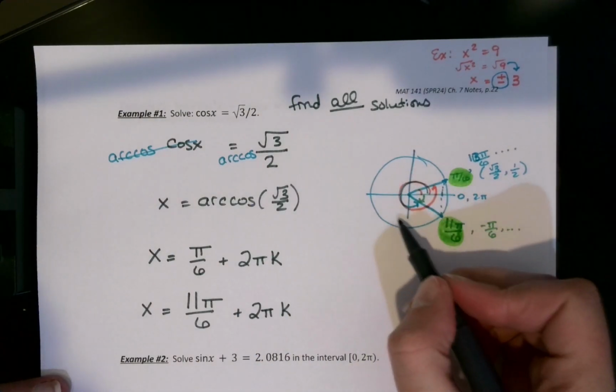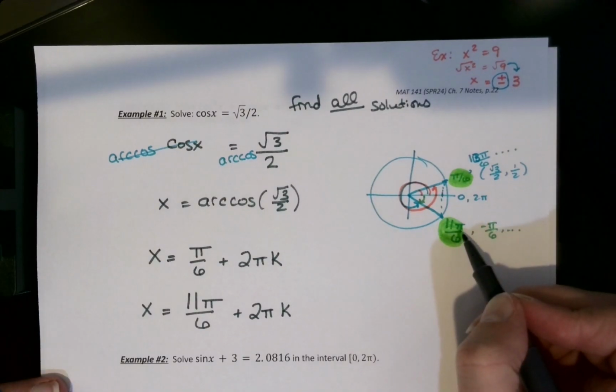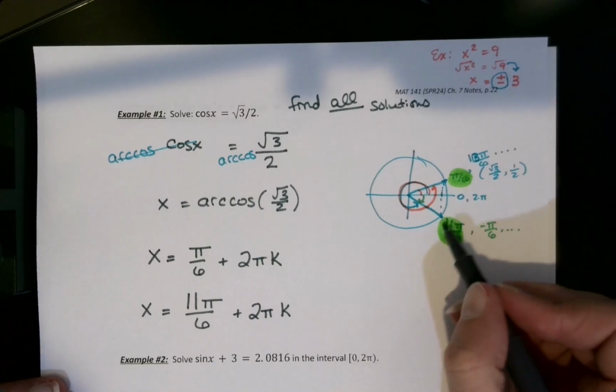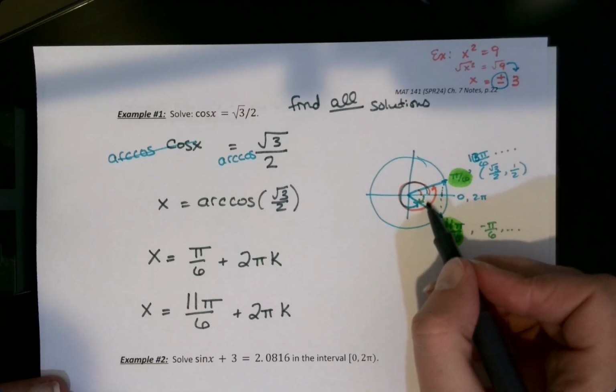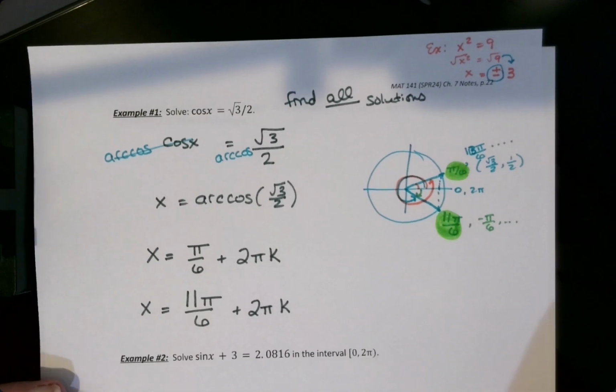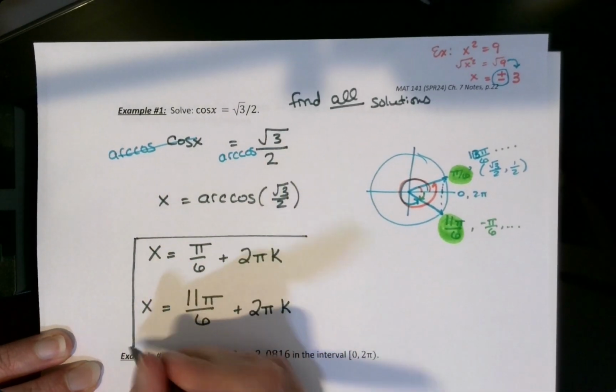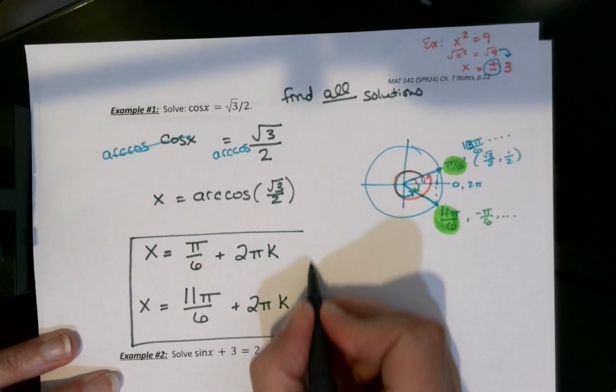So the positive angle would add 2 pi and be, what's 12 plus 11? That would be 23 pi sixths, which would be the next positive iteration of this one. Or k could be negative, and that would give us the negative pi sixths. So all of my solutions are solutions of these two forms.